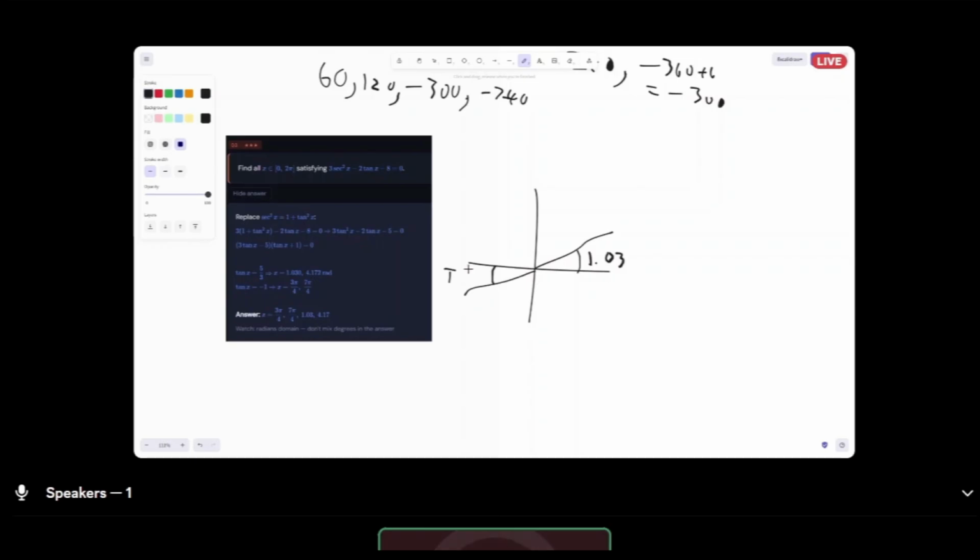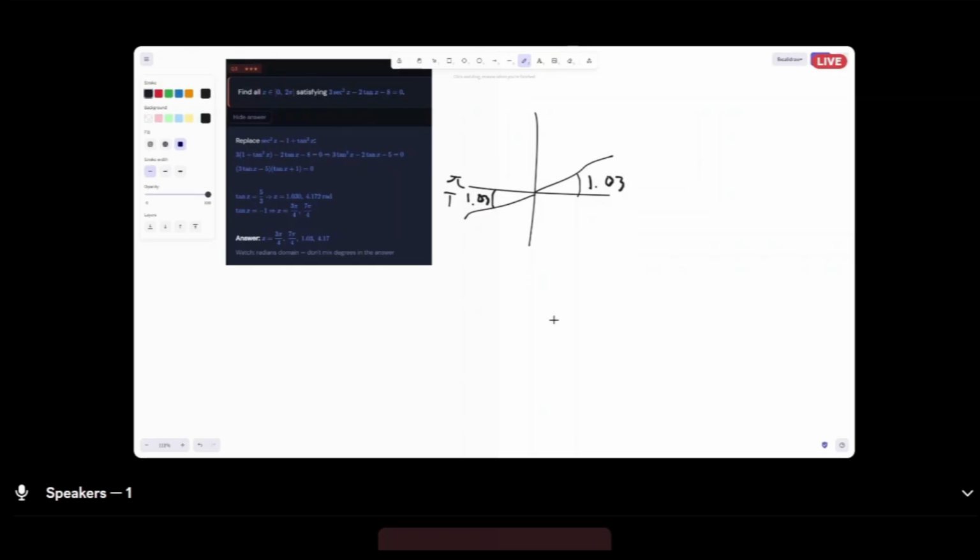Plot it on the horizontal line again, 1.03. Usually here is 180 degrees, but now it's just pi. So the second answer will be pi plus 1.03, which is 4.172 if I'm not mistaken.